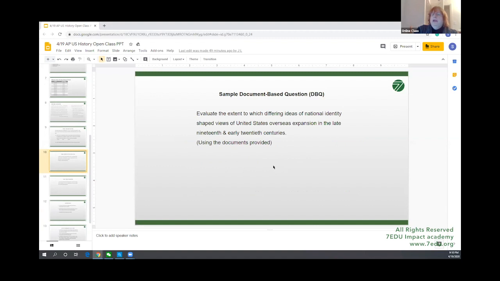The thing about it is, if you want to earn all the points in this section, you really need to use all 7 documents. But you need to know how to categorize them. You need to know where you can fit each one in. And that's one thing we cover in the review class, how to quickly go through your documents and how you can classify them and figure out where you can insert them and reference them in your essay.